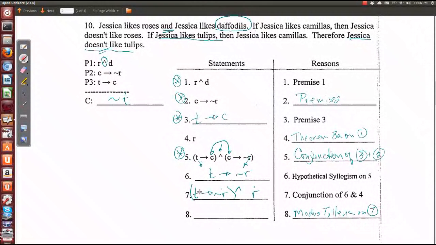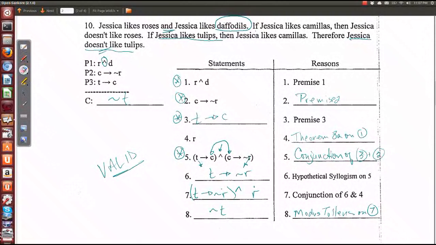So that's going to give me the negation of my antecedent, which is negation T. And I notice that exactly matches what I have. So that means that we're dealing with a valid argument.